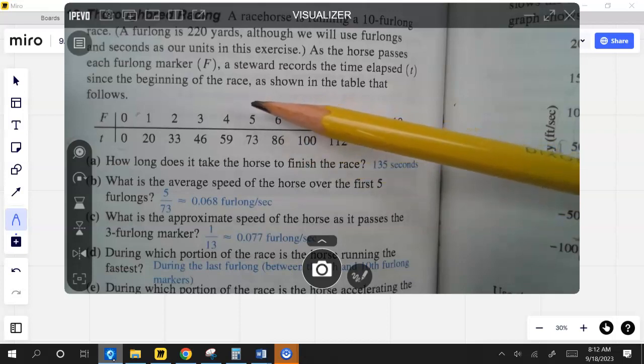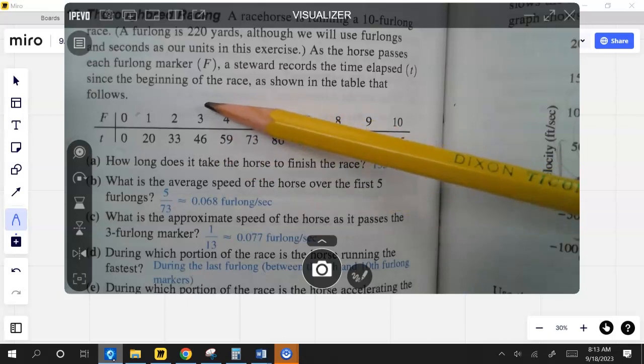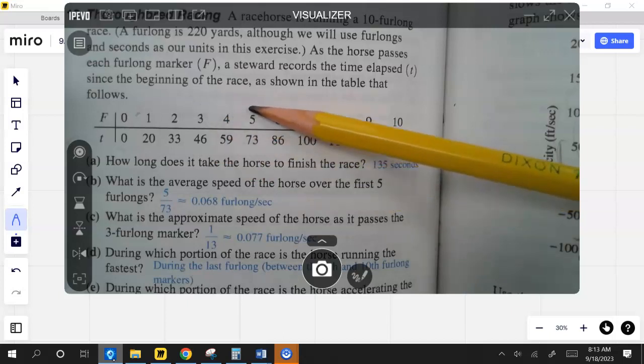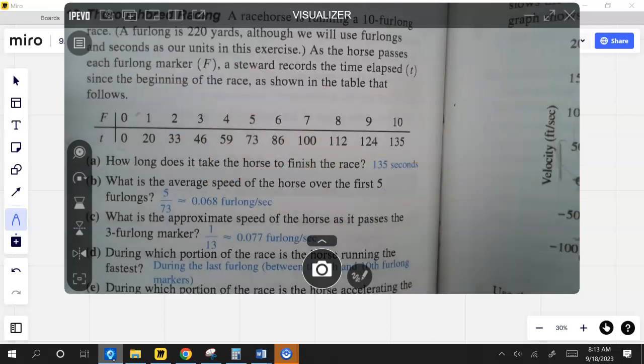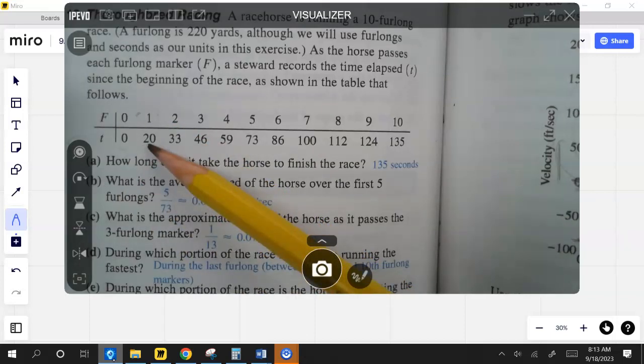It's furlongs per second, right? Oh, yeah. So it would be 5 minus 0 over 73 minus 0. No, because F is furlongs and T is seconds. T is time. Time is always on our x-axis, right?